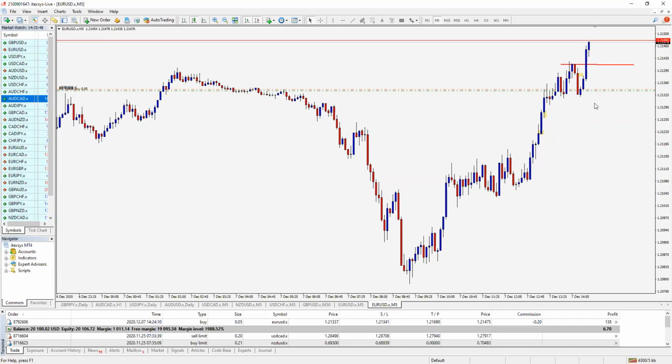So if it pulls back and then moves in my favor, I would trail my stop to that pivot low, to that pivot right there, because it has formed already the pivot in my favor. But until then, I prefer just giving the market some room to move.